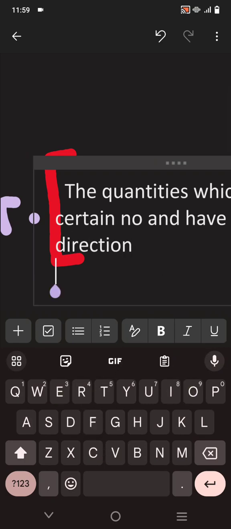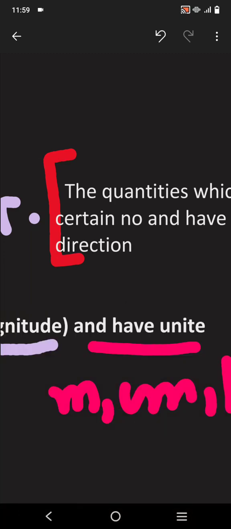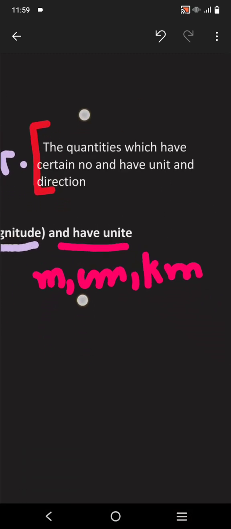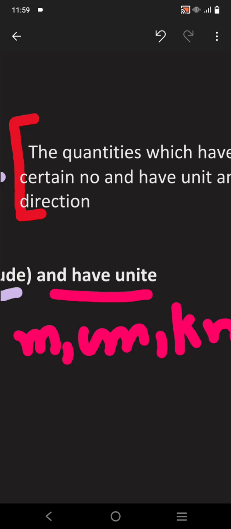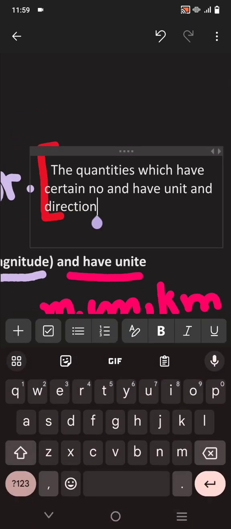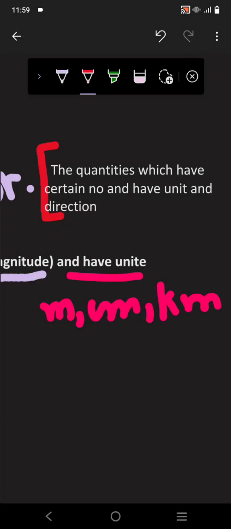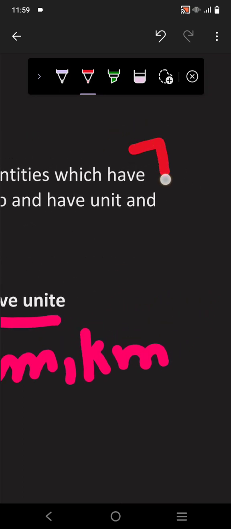So here another word comes in, and that is direction. Here direction comes.